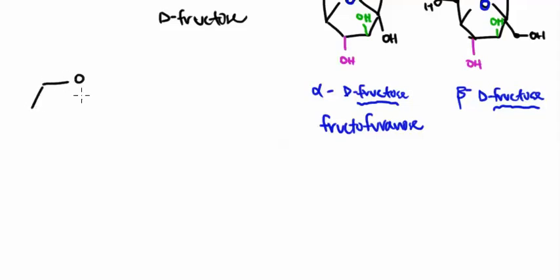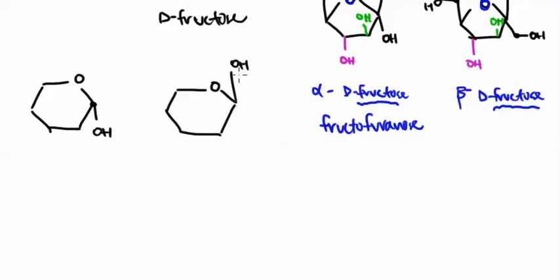Hopefully you can replicate it when you try it yourself, but we see this six-membered ring here. On this first carbon, or on that second carbon, that carbon has a double bond O. That gets converted to an OH group. So that OH group can point down or that OH group can point up.